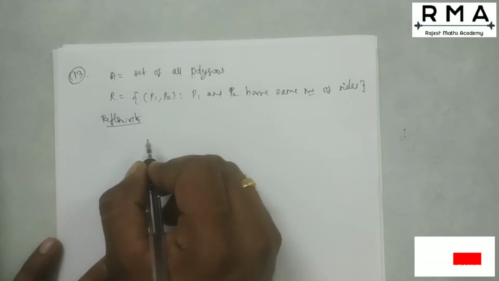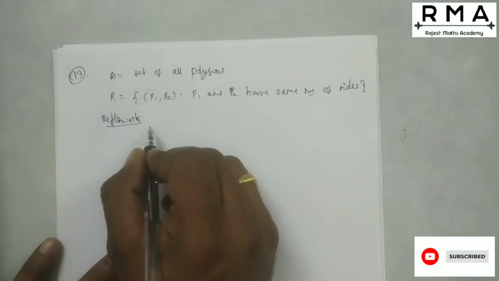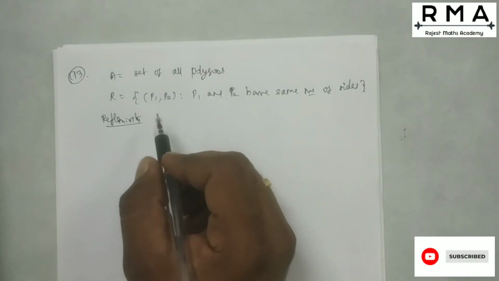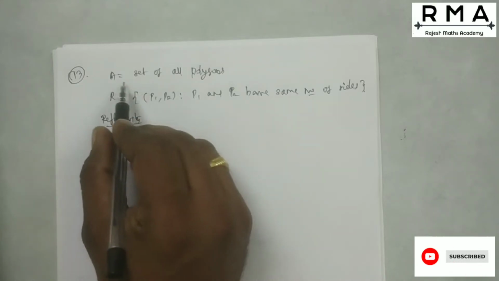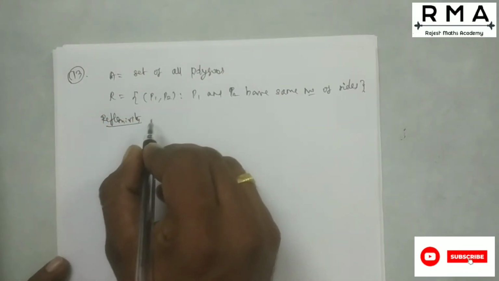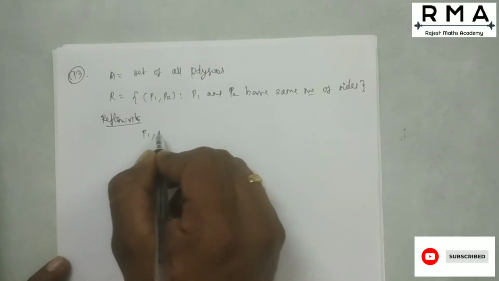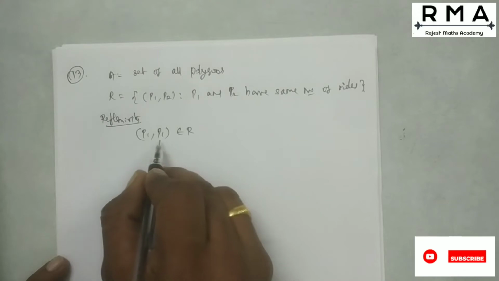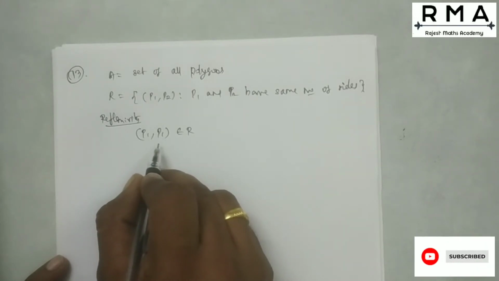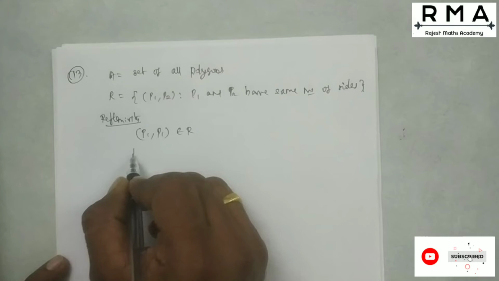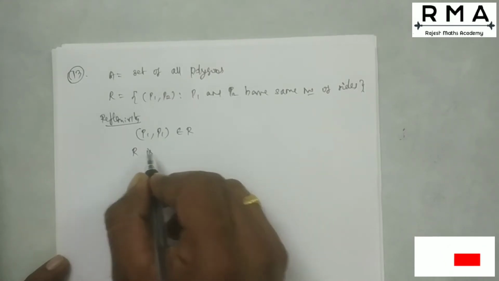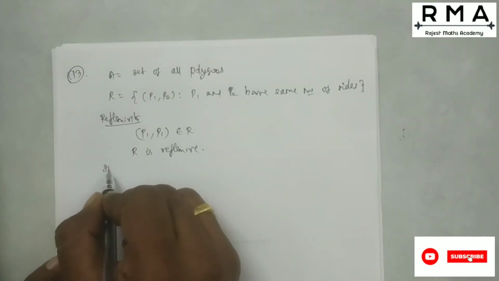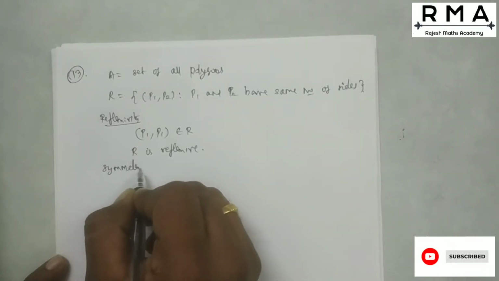I'll check the reflexivity. What is reflexivity? (P1, P1) belongs to R for all P1 belonging to the set. Clearly we can say that (P1, P1) belongs to R, because if we take the same polygon twice, the two polygons have an equal number of sides. So I can say that R is reflexive. Next I need to check the symmetry.